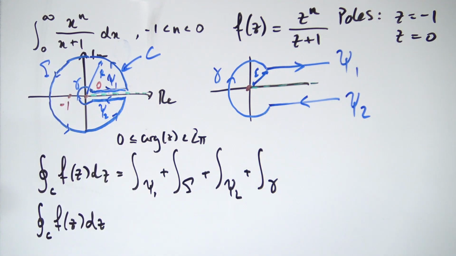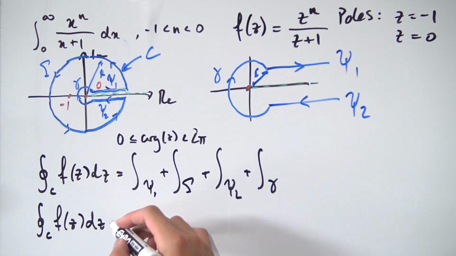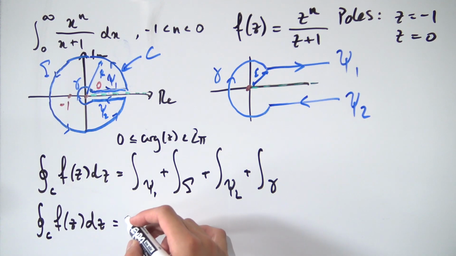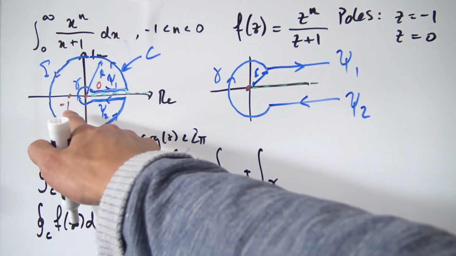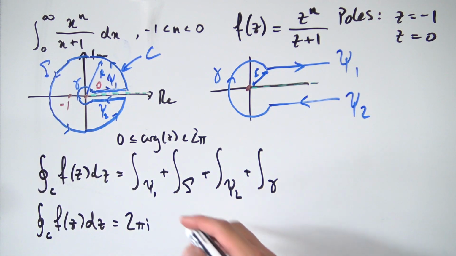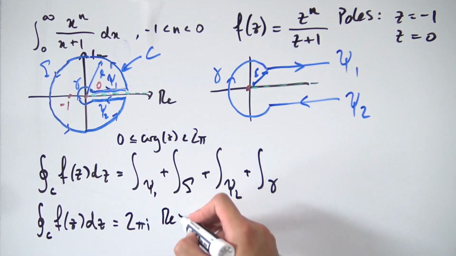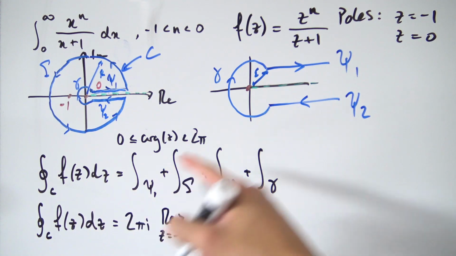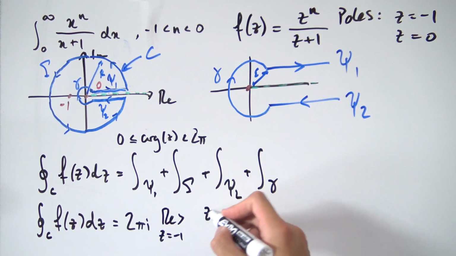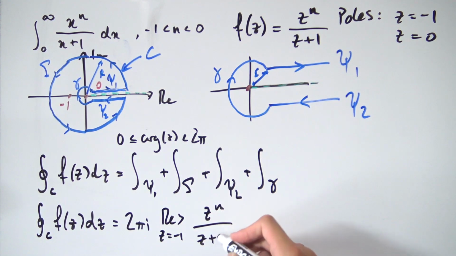So we're only concerned with the pole at -1. Cauchy's residue theorem says that it's equal to 2 pi i times the sum of the residues inside of our contour. Since we only have one pole, we only need to worry about one residue, namely the residue at z equals -1.